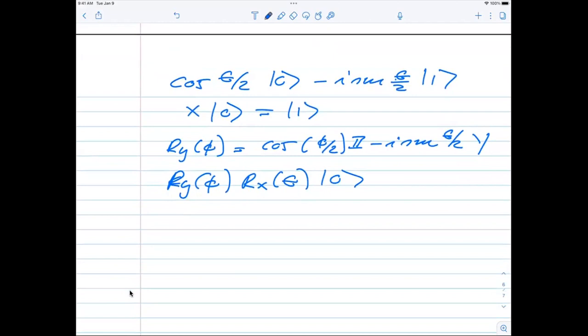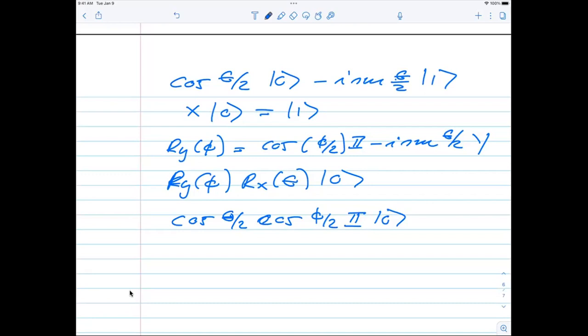what I get is a cosine of theta half multiplied with a cosine of phi half, with the identity matrix, multiplied with the state 0. So that's the first term.